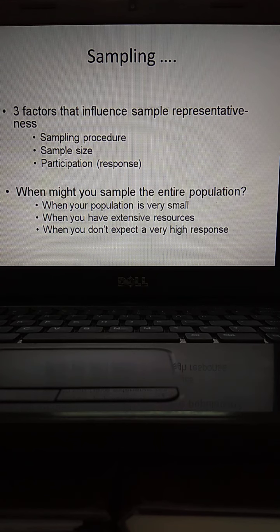This example is going to clear the doubts between the sample and the census. So what I want to say is, whether to use the sample method or go for the census method, it completely depends upon the population.